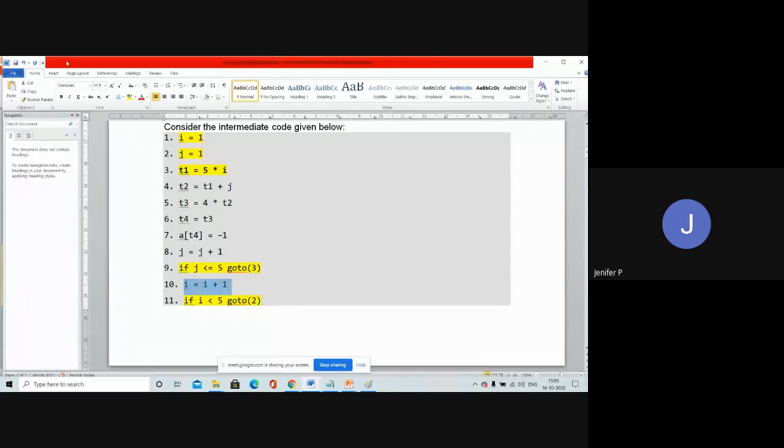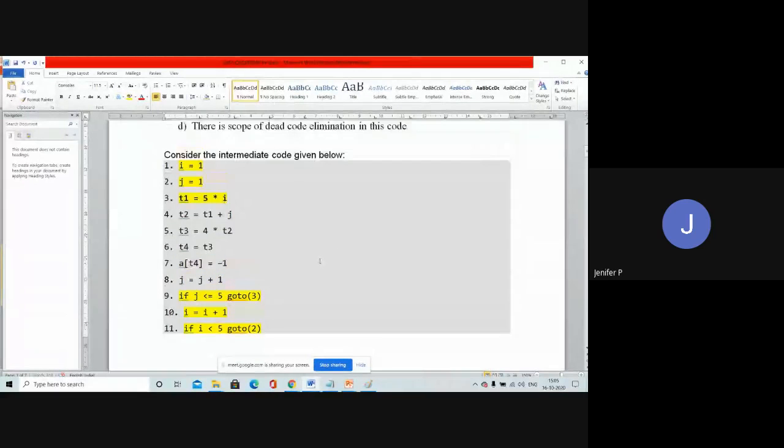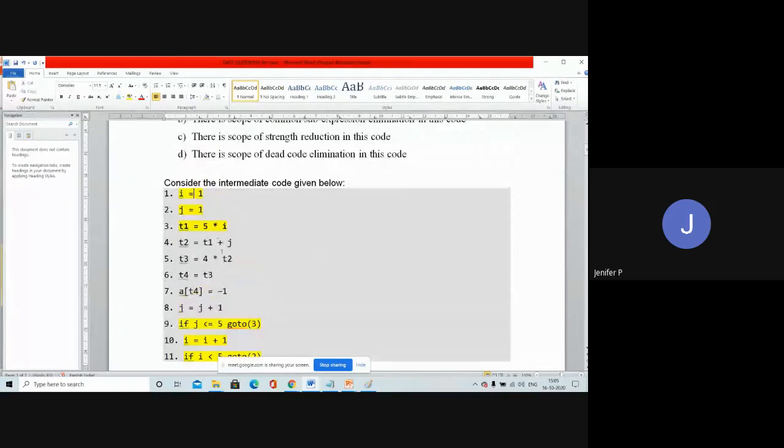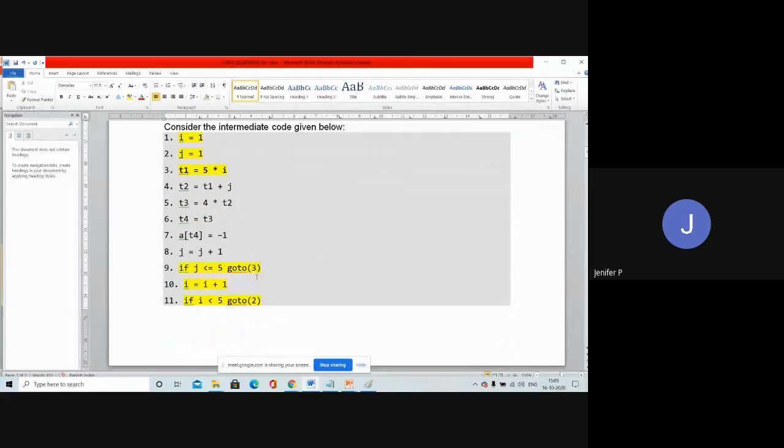So I repeat: the first statement is a leader, then the label of go to is a leader, so 3 and 2 are leaders. Then the conditional go to is the leader, so 9 and 11 are leaders, and the last rule is the statement after the go to is the leader. The statement after the go to, after 9, what is there? 10. So 10 is the leader.